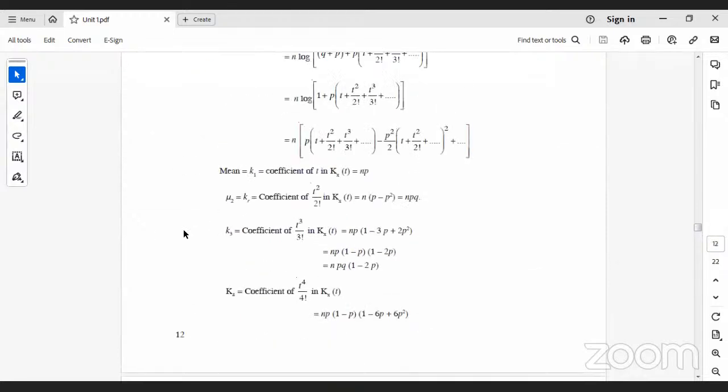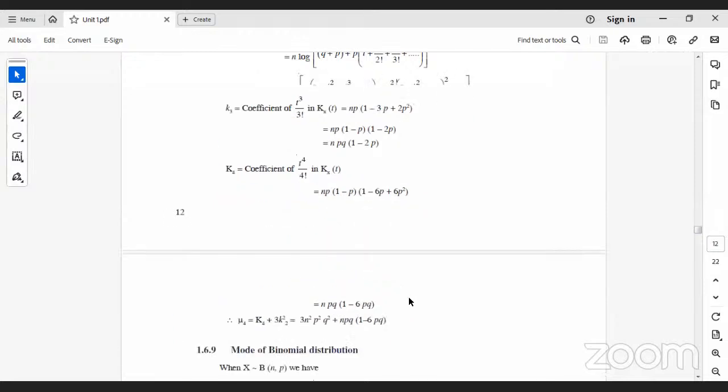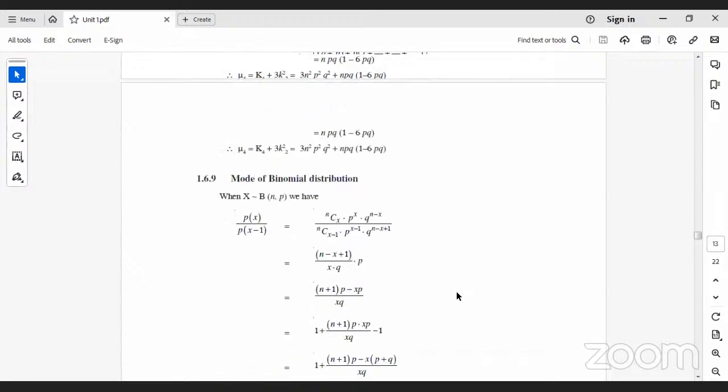All these formulas, you did not note it. Last one: k1 = np, k2 = npq, k3 = npq(1 − 2p), k4 = 3n²p²q² + npq(1 − 6pq). You have to note it.